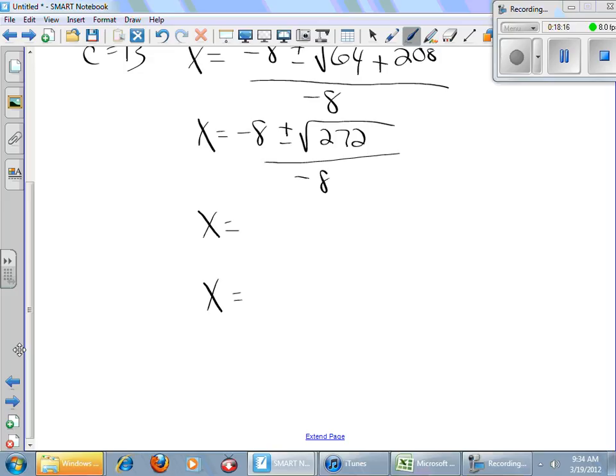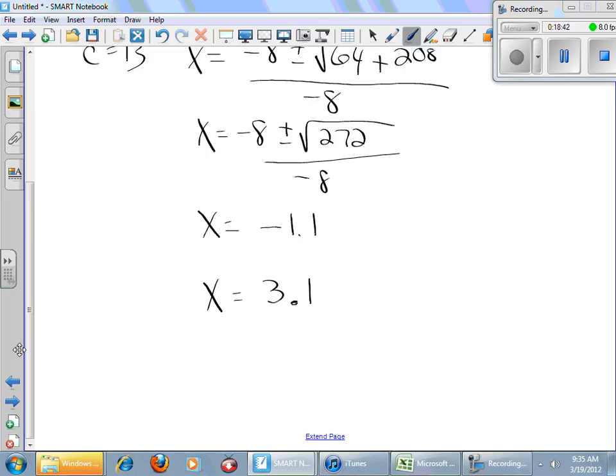And so I'm going to get negative 1 point, I'm going to call it 1 because I really can't, it's 1.06, but I can't really graph 0.06 on a graph very well. And then I'm going to do a minus of that, divide by negative 8, and I'm going to get positive 3.1.